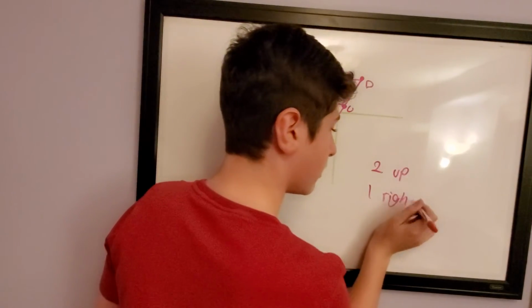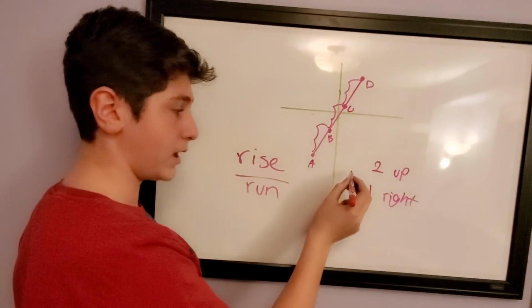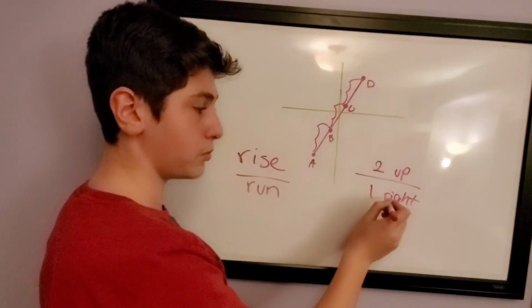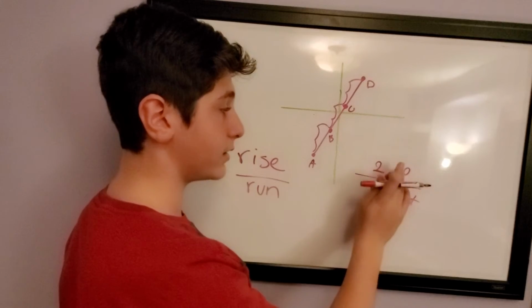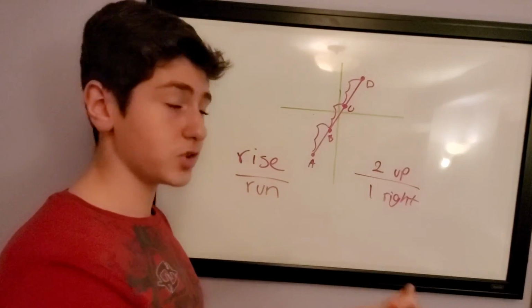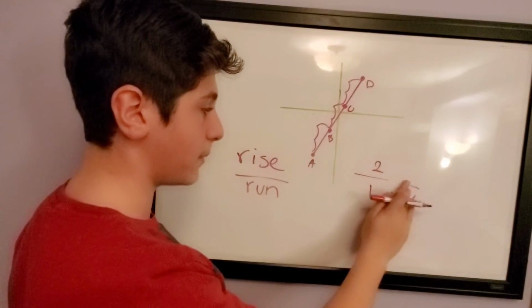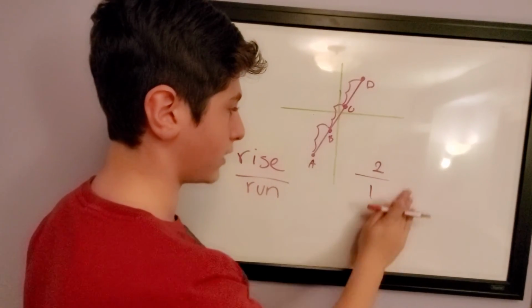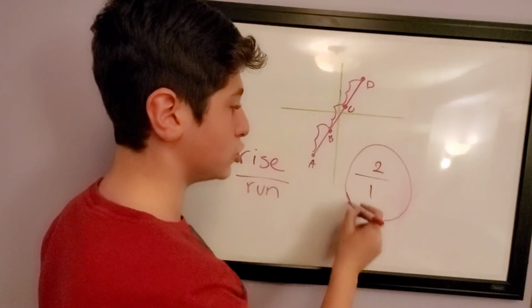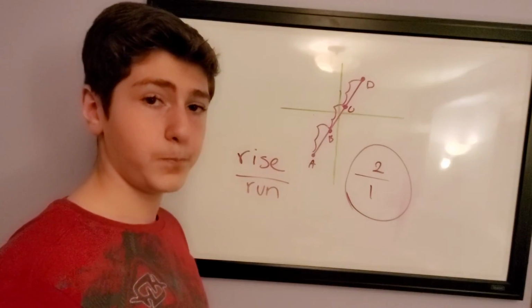This over here would be our slope. So rise would be this, run would be this. And obviously when you're doing this as a final answer, you'll have to remove the words up and the words right. So the slope for this line would be 2/1.